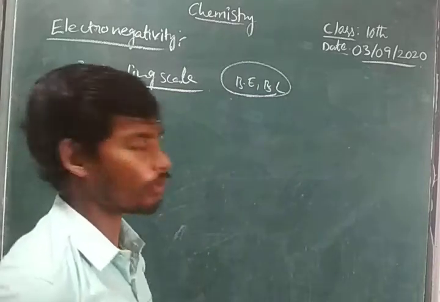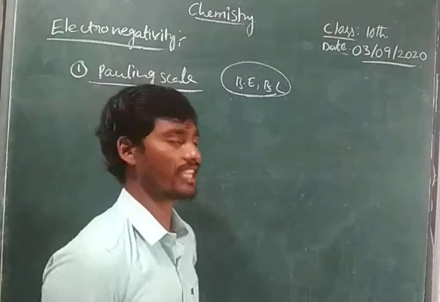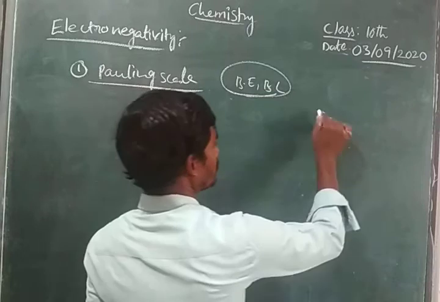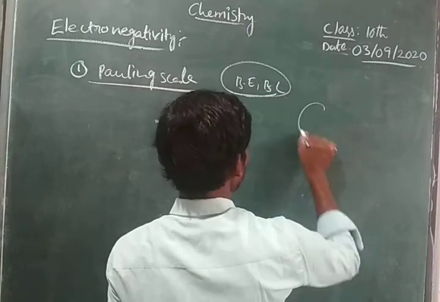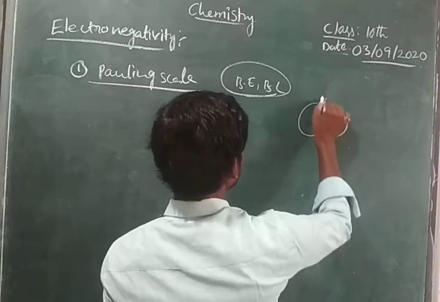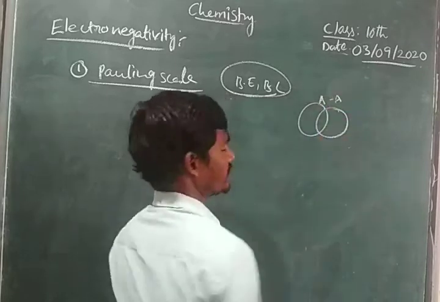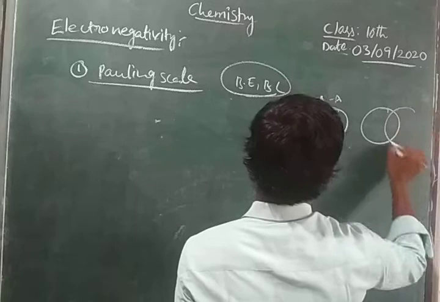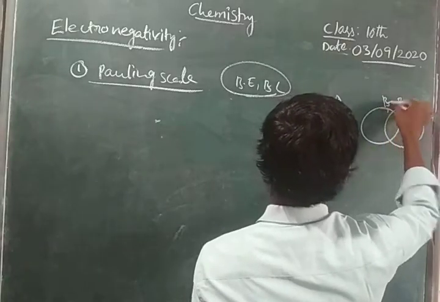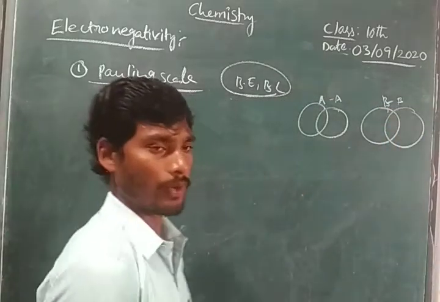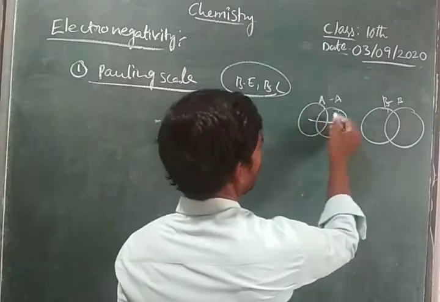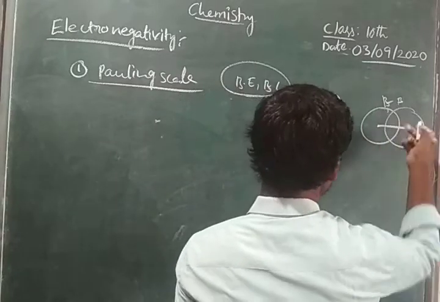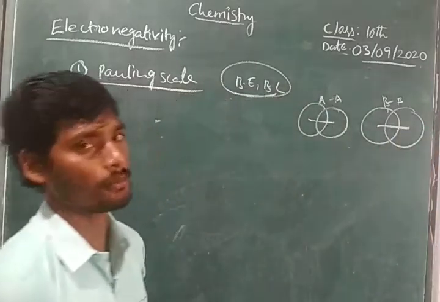Suppose we consider two different molecules: an AA molecule and a BB molecule. This is the bond between atom A and atom A, and this is the bond between atom B and atom B.